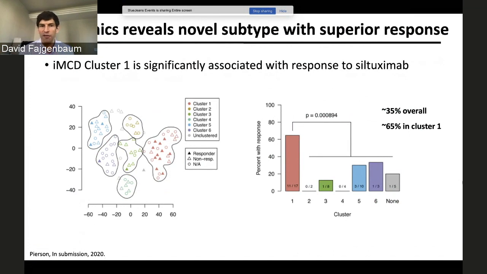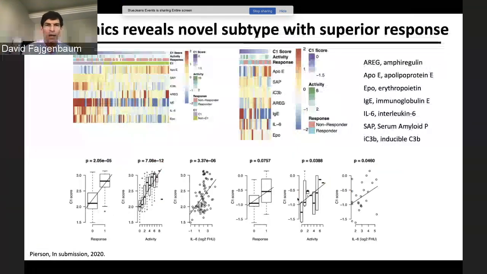And we did find that, in fact, there was a large group, what we call cluster 1, that responded at a significantly higher rate than the non-cluster 1 samples. So whereas across everyone, about 1/3 of patients responded, if you just looked within cluster 1, about 2/3 of those patients responded to IL-6 blockade.